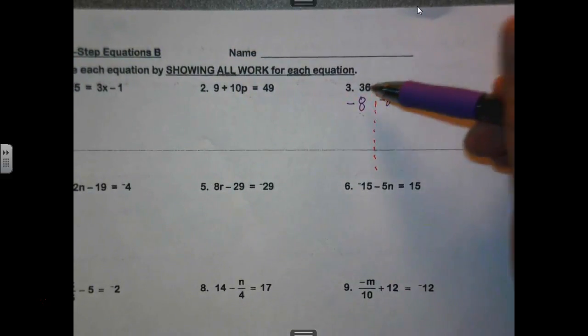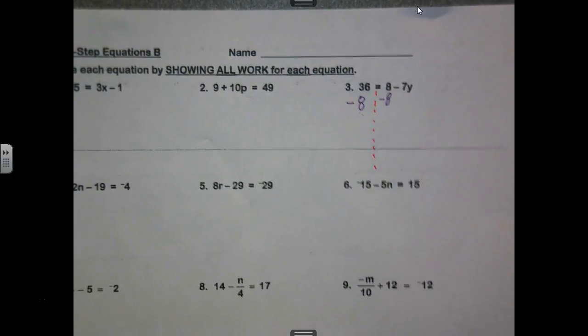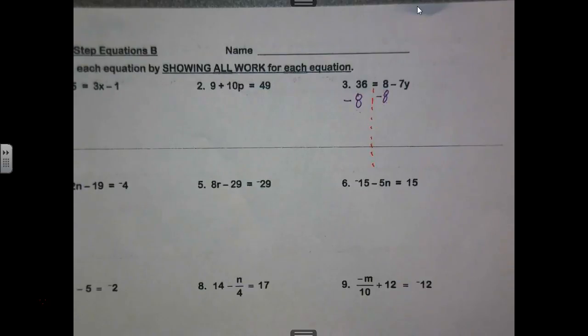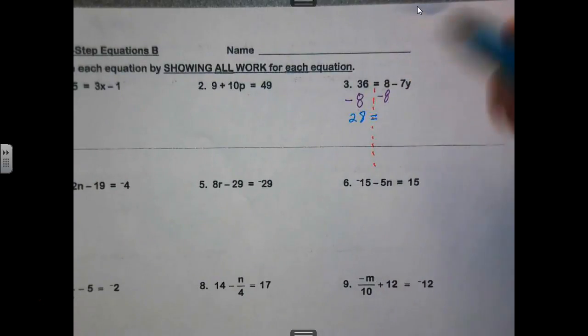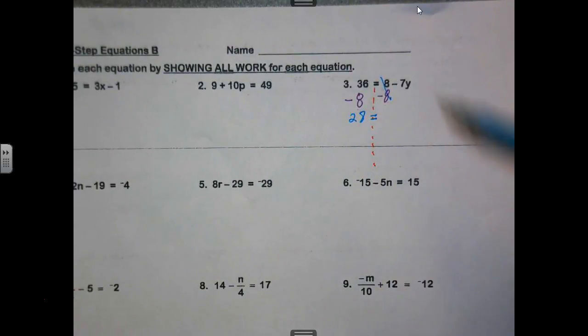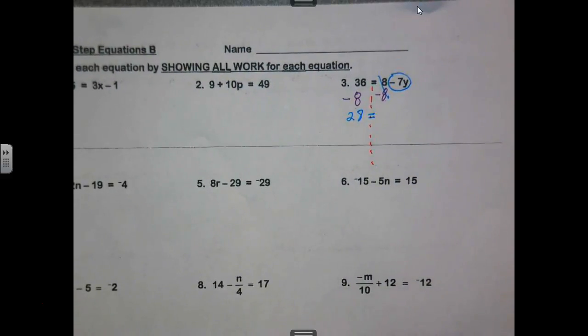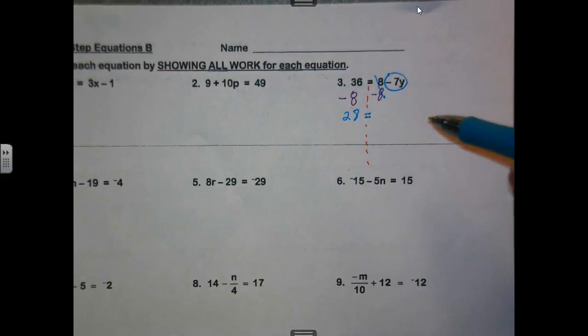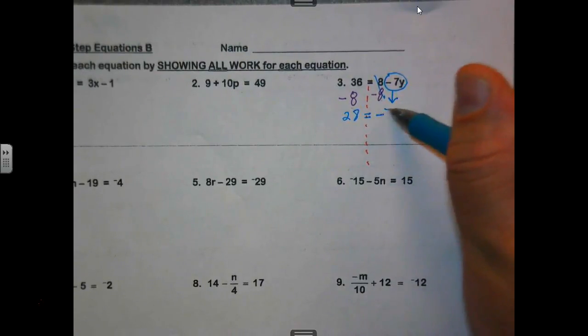All right, these are constants. These are same terms, so I can subtract these. 36 minus 8 is 28, my equal sign. These add up to 0. Now be careful, the sign stays with that term. Bring it down. I have negative 7y.